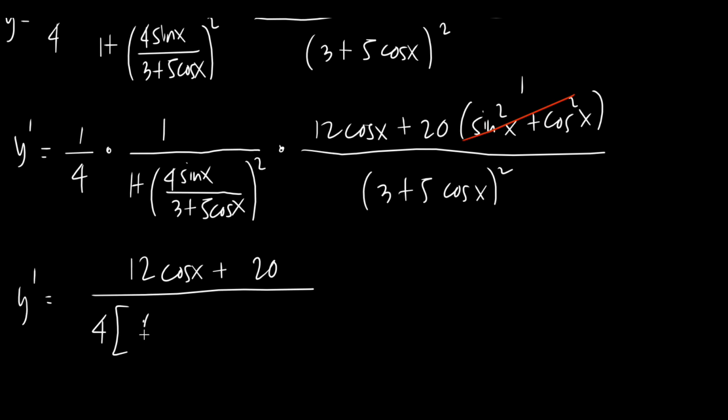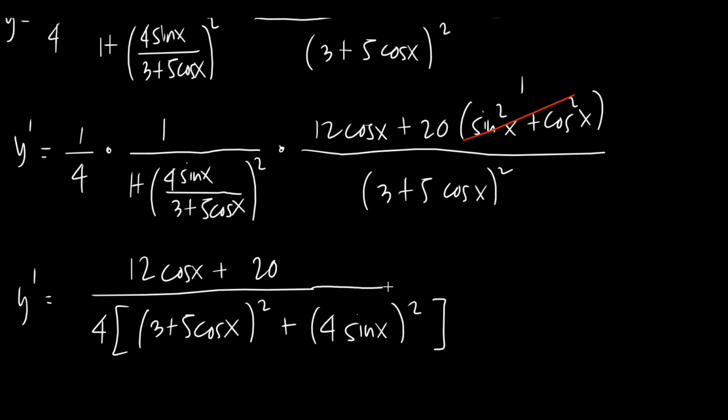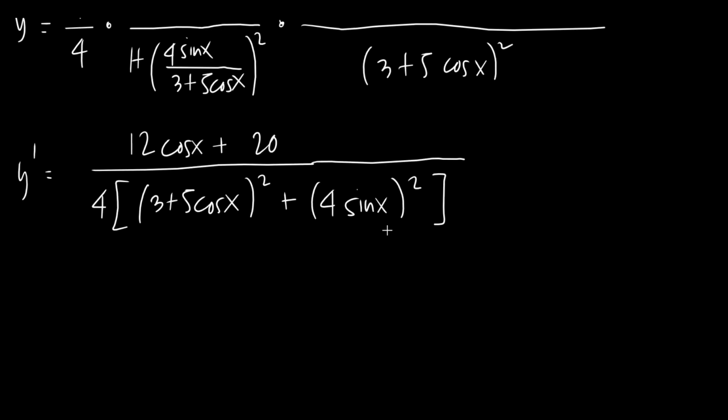So multiply by 3 plus 5 cosine of x squared, plus 4 sine of x squared, because 3 plus 5 cosine x raised to the power of 2 all over 3 plus 5 cosine of x raised to the power of 2 will be cancelled.